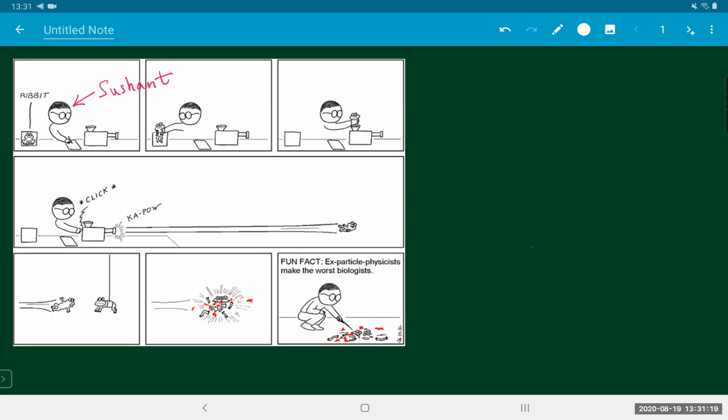So let's just do a quick recap of what we looked at last time. First, we saw various kinds of numbers: natural numbers, integers, real numbers.